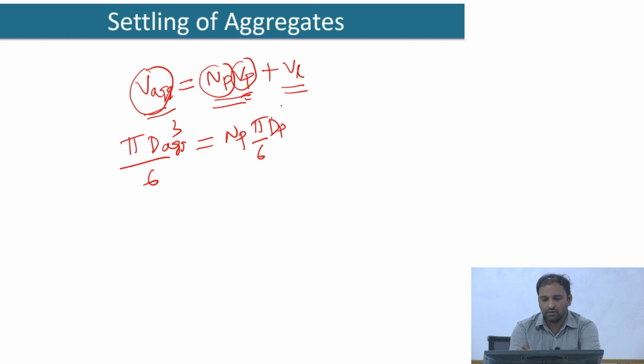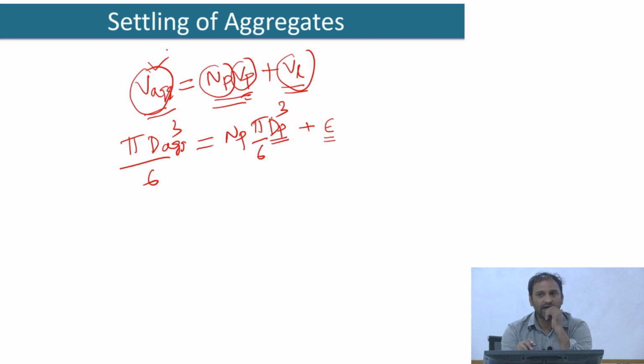So, that is the dimension of the particle that makes the aggregate, plus the volume of the liquid. I could write this in terms of the volume fraction. Because I know, can I express this VL in terms of the V aggregate? I can do that, right.